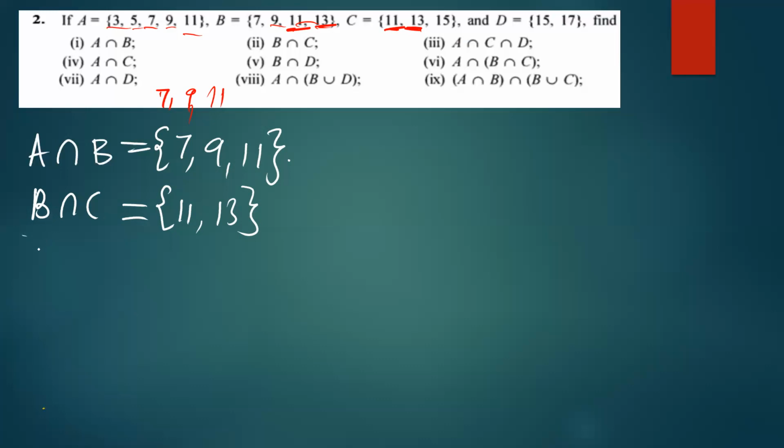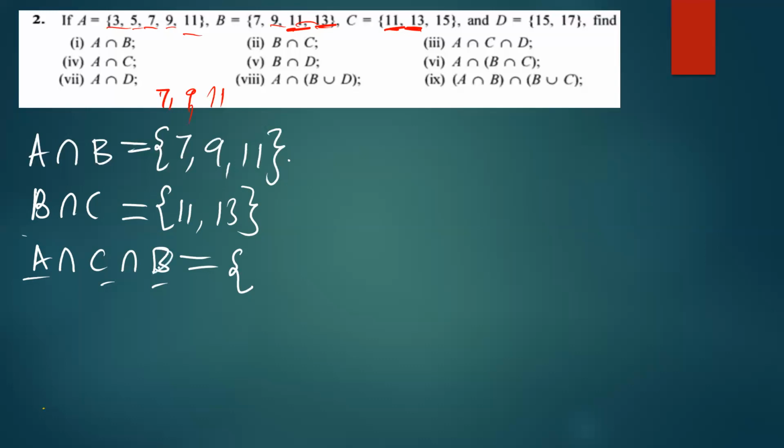From there, we move on to A intersection C intersection D. What this means is that you're looking for what is common in A, C, and D. So we look at what is common in these 3 sets.